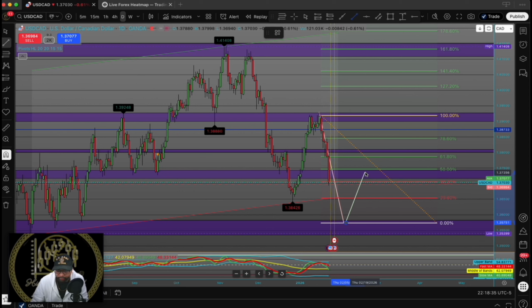Right here, go 50, breaking this, and then 60, 61, 78, and then it starts creating high lows, high lows, high lows. 127, 141, 161, expecting it to hit that. So from here to here, just being patient and going with the trend.